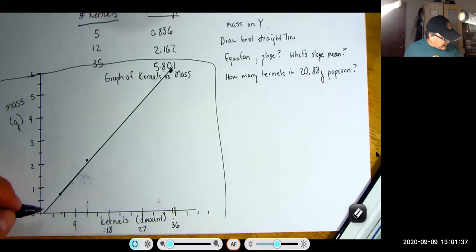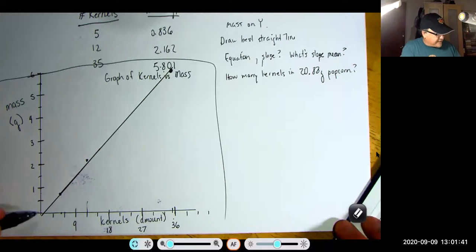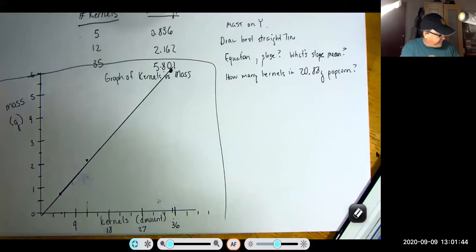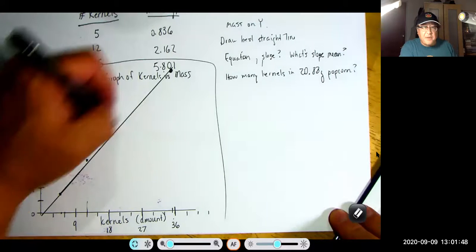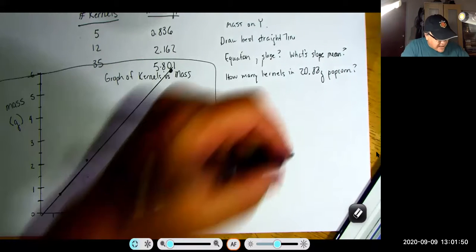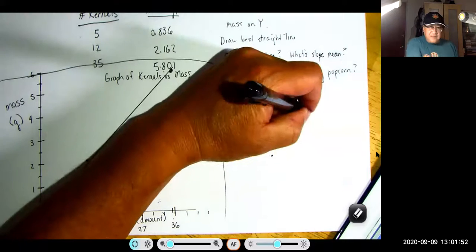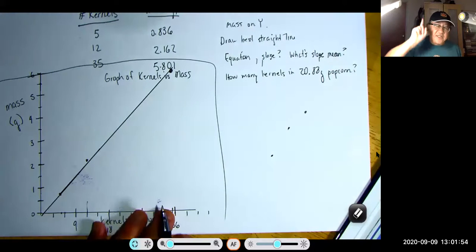It didn't hit it precisely at 0, 0, and that's okay. Okay, because we don't really have that as a data point, although we could consider that. Now, I drew my line to try and get them as close to these dots as is possible. If you have dots like this, not exactly in a straight line, this is wrong.